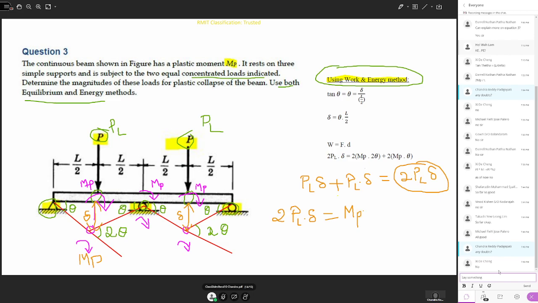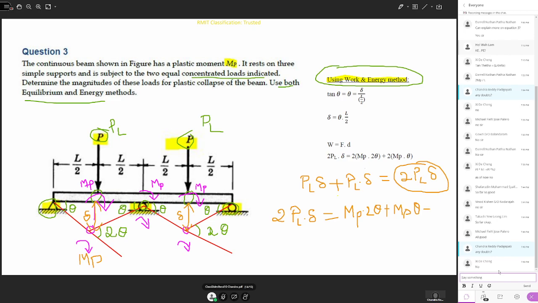Here the work done due to the moment MP will be MP into theta plus MP into theta. One side it is theta, the other side is also theta.